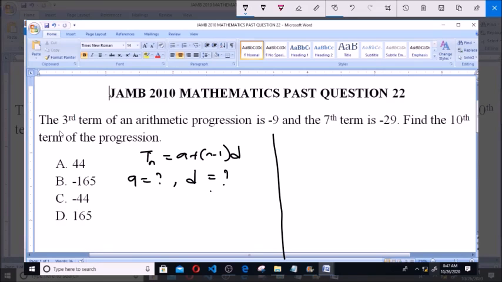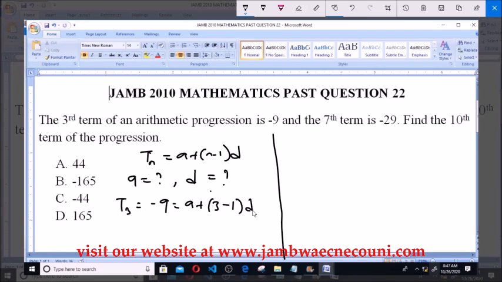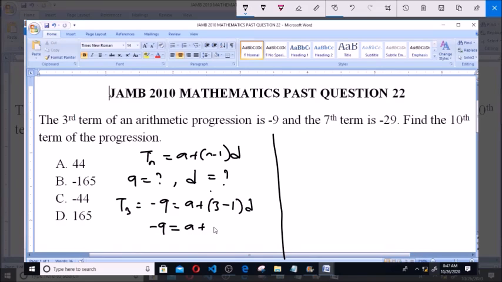The information says the third term of the arithmetic progression is minus 9, meaning that T3 is equals to minus 9, which is equal to A plus 3 minus 1 multiplied by D. So minus 9 is equals to A plus 2D. Let me call this equation 1.